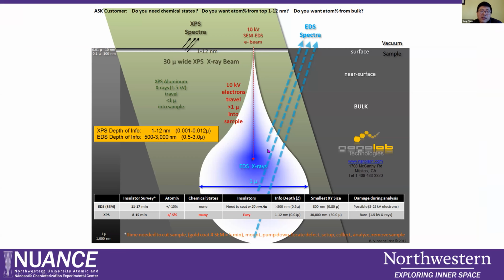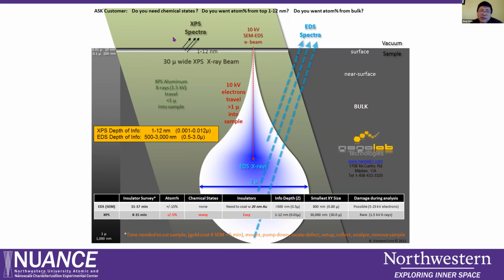Here is a comparison. A lot of people use EDX, and I know EDX is very good, especially for mapping; the resolution is very good. But the difference between XPS and EDX is that EDX uses high energy electrons to bombard the sample, and then X-rays come out, while XPS uses X-rays to generate electrons that come out.